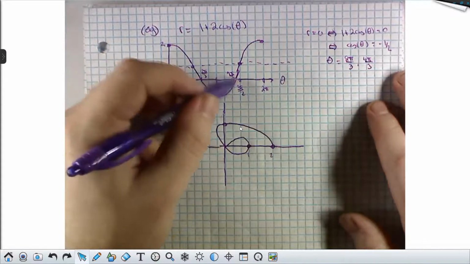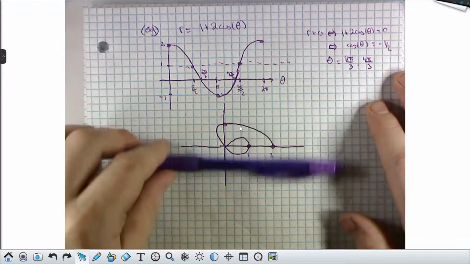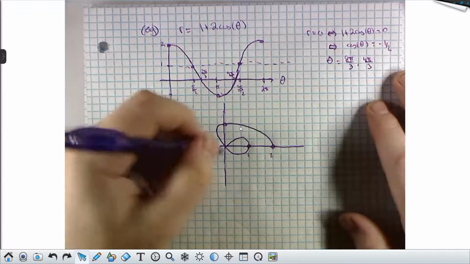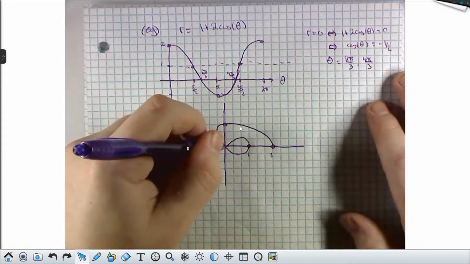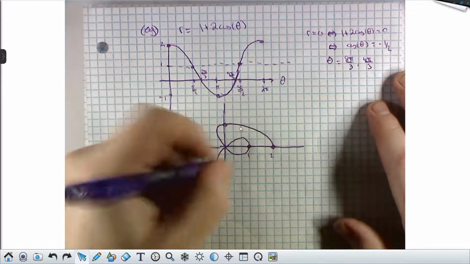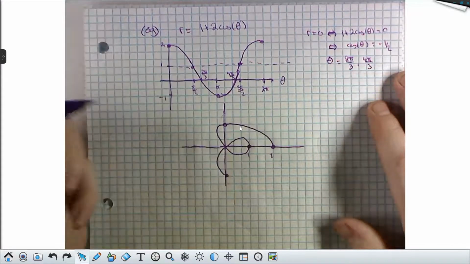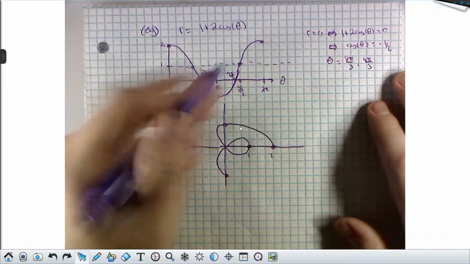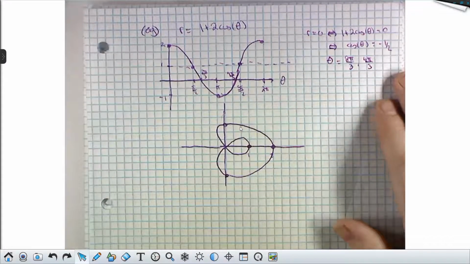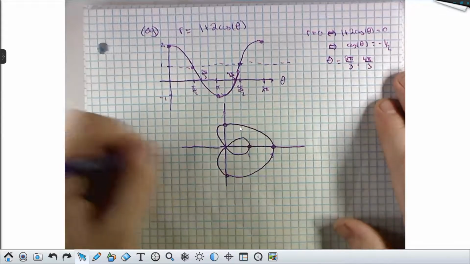And then as we rotate past 4 pi over 3, we continue this rotation into this quadrant. R grows. When theta is equal to 3 pi over 2, that's straight down. R is positive 1 again. And then it comes back out to 2 as we rotate around. These are called limaçons.